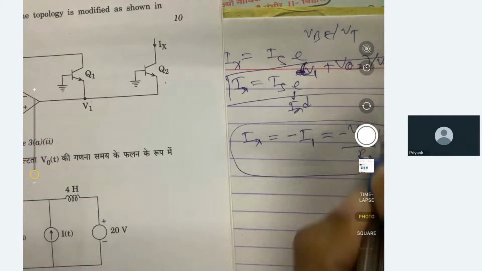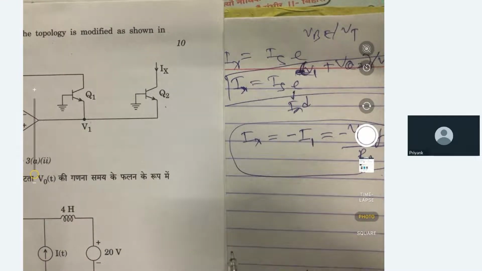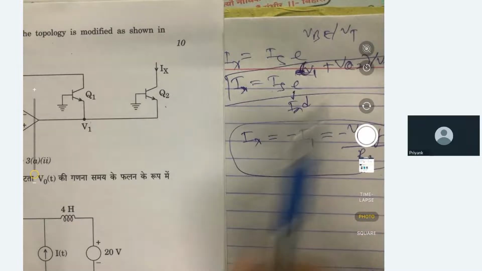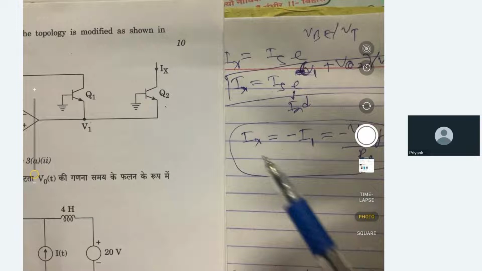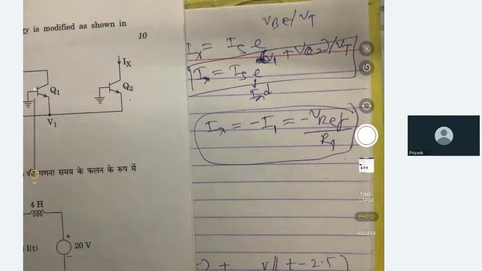So IX will be equal to minus V reference upon R1 in part 2. But in part 1, it is independent of V reference. So this is what I can think of about this question. Shall we move to the next question?